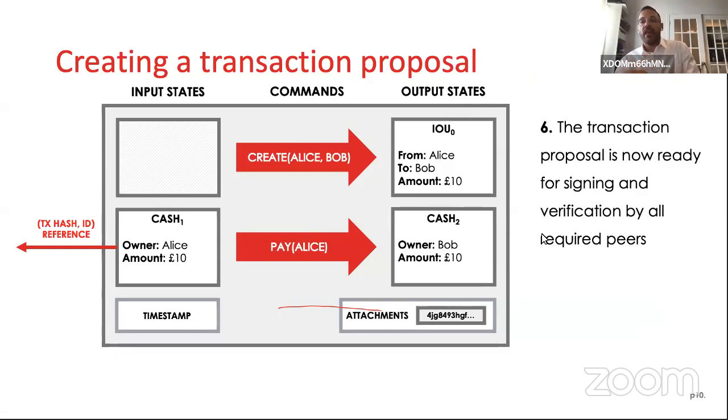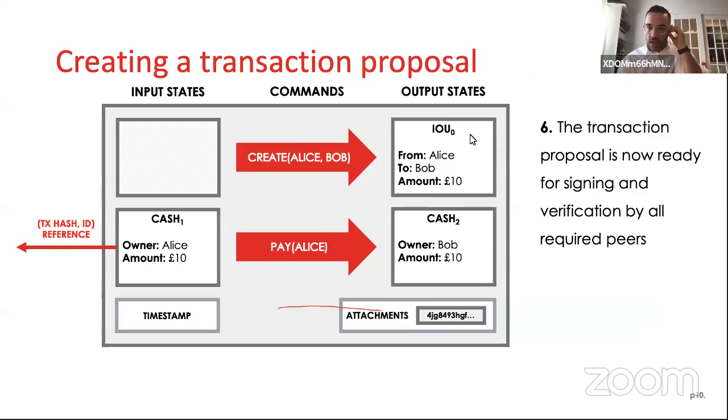The flow is the thing that you use to submit this, that will look at the transaction and say, who do I need to collect the signatures from, and which notary do I need to go to in order to ultimately validate this transaction and update it to the ledger. So that's states, commands, transactions, and flows all put together as one unit.